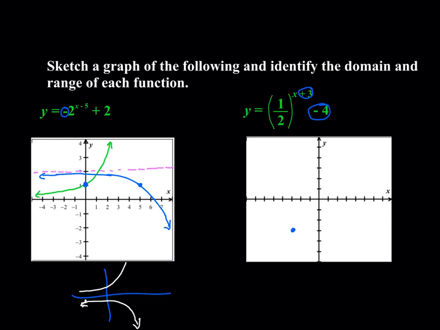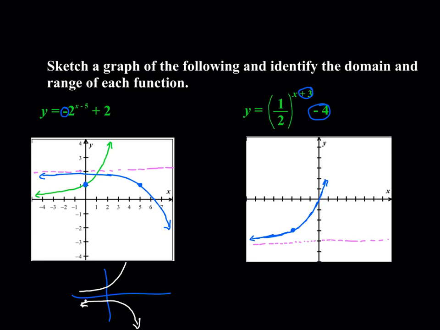All right, so now the asymptote is also shifted down 4 units. So down 4 units for the asymptote would put it right here. Now there were no reflections on this one, so our graph looks very similar to the parent function and will go up like this.